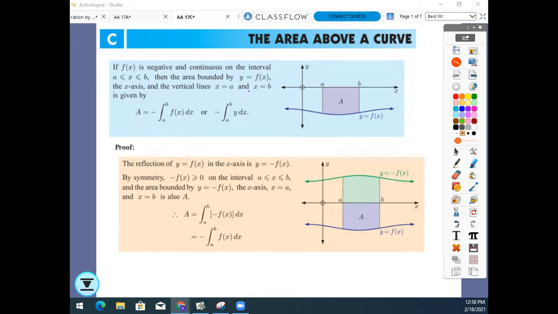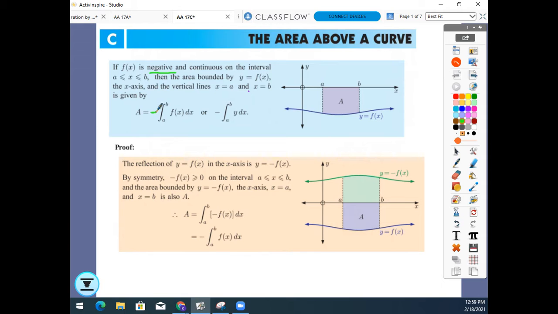We're now going to talk about what you should have figured out in the investigation from the end of B: what happens when the function itself is below the x-axis. If the function is negative below the x-axis, then the area is the opposite of the integral.